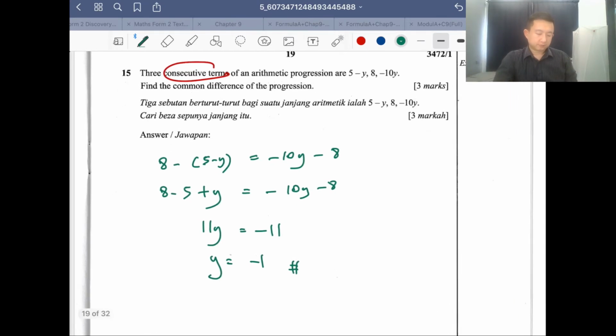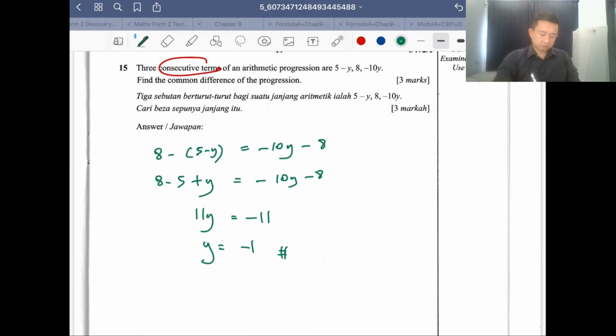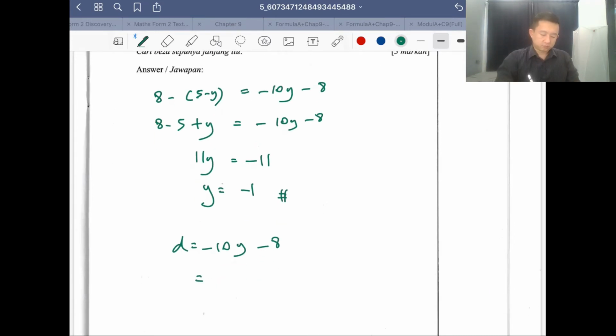Okay. We have to find the common difference. d equals to 2.